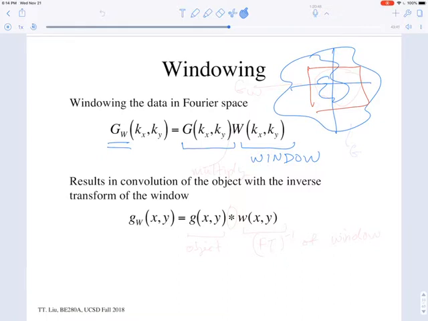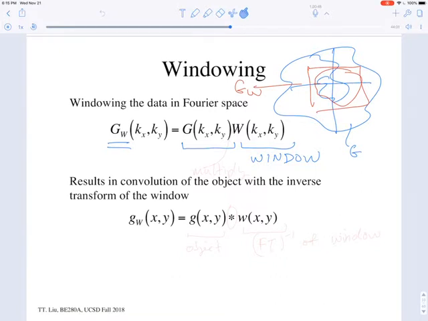So this whole thing is G, and the part that's inside the window is G sub W. And that's obviously going to have some effect on our image because we're not acquiring all the data.